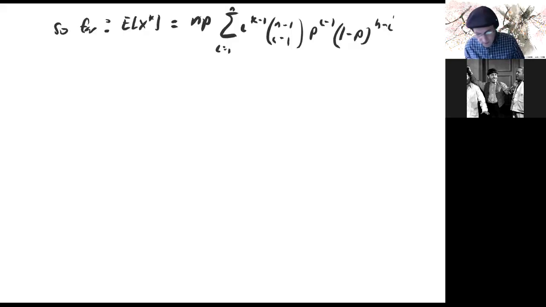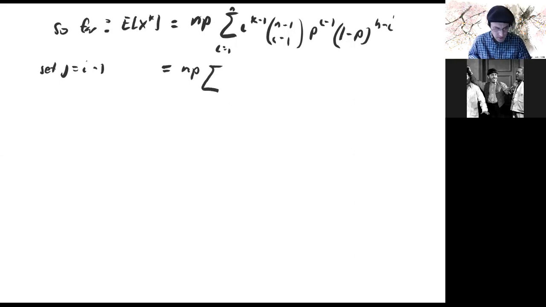I took the liberty of rewriting what I had on the previous slide on the top here. Now I'm going to set j equal to i minus 1. What do we get? The expected value of X to the k is np times the sum. If i starts at 1, j starts at 0, so I'm reindexing, and it goes to n minus 1.